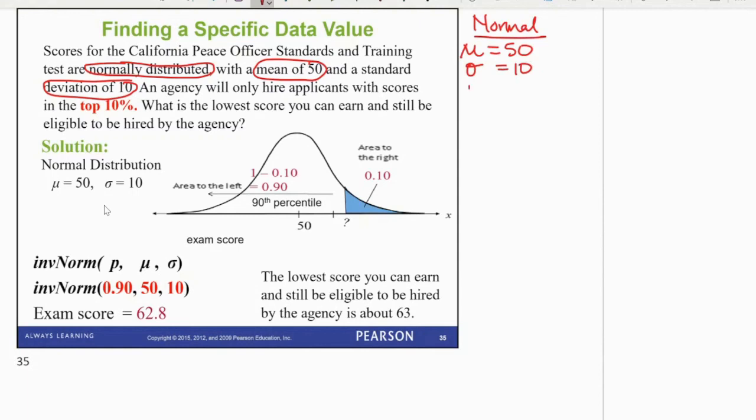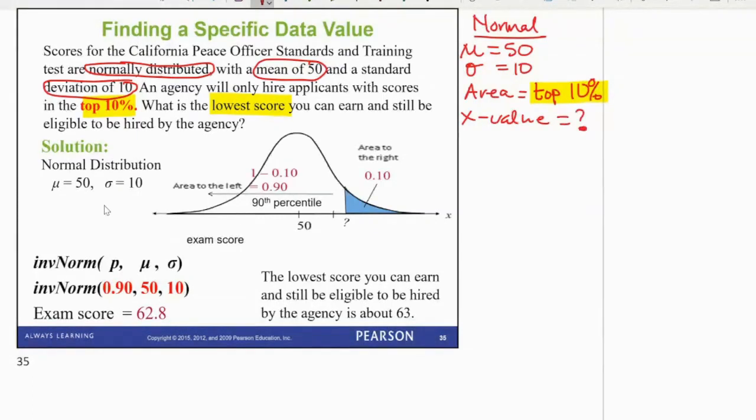Now the question says the line we need to draw is the top 10% line. The top 10% line, right? It says we should find the value. What is the lowest score? We're looking for the score. So actually, we are looking for an X value in this case.